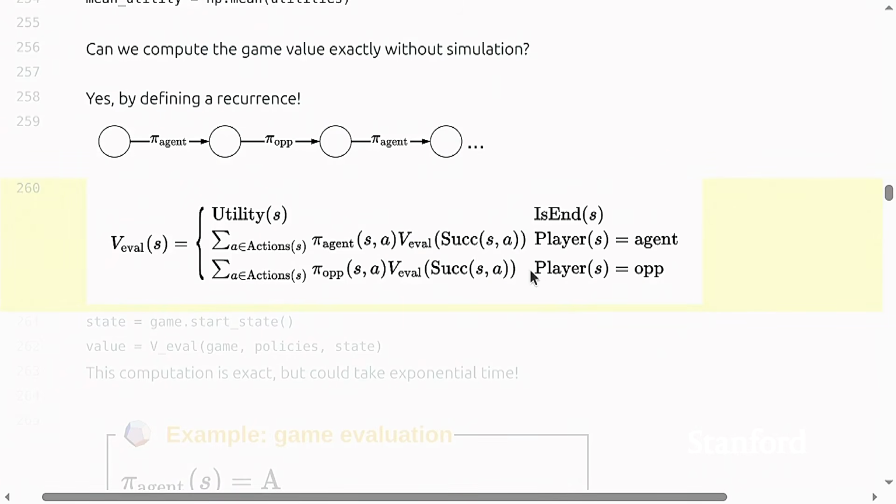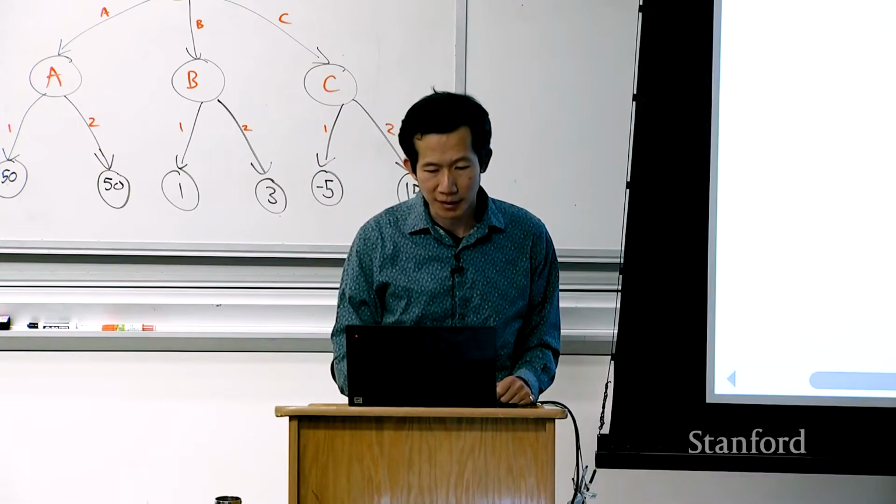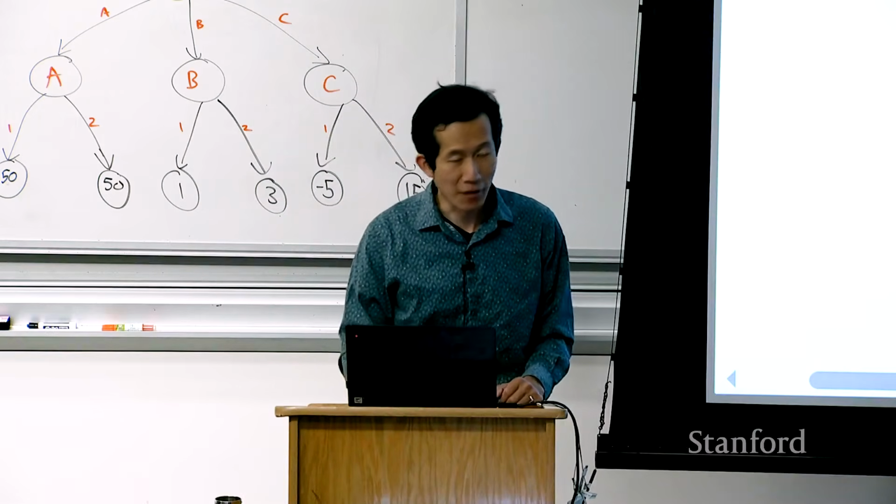And then if it's the opponent's turn, I have the same sum over all actions, the probability that the opponent takes the action times the game value of the successor state. The only difference is agent versus opponent here. This should hopefully seem familiar from MDPs, where I also had a sum over actions and a sum over successor states multiplied by the probability. So this is essentially doing a very similar calculation.